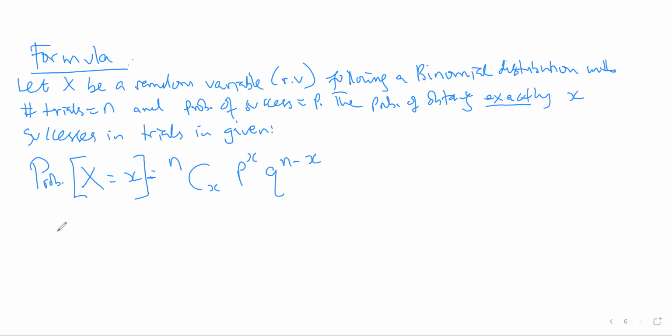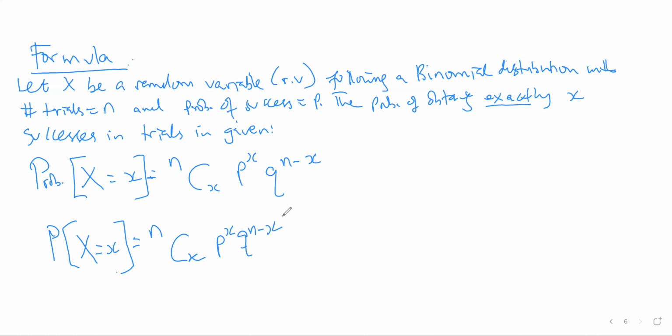Most of the time you will find me writing it like this: P(X = x) is equal to N combination X, then small letter p to the x, then q to the n minus x.